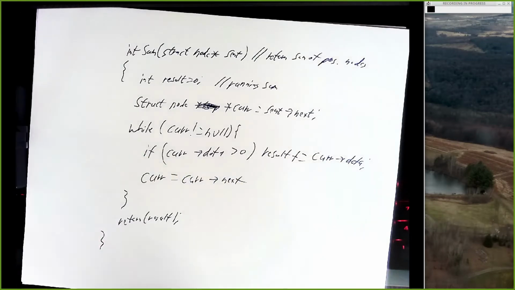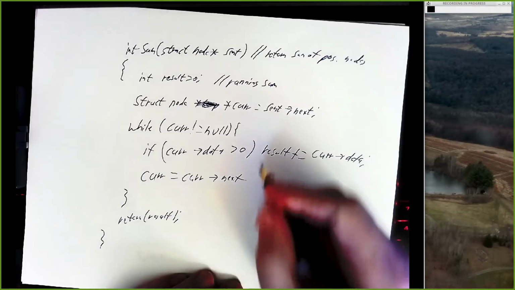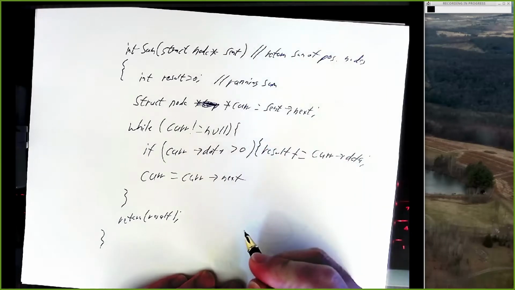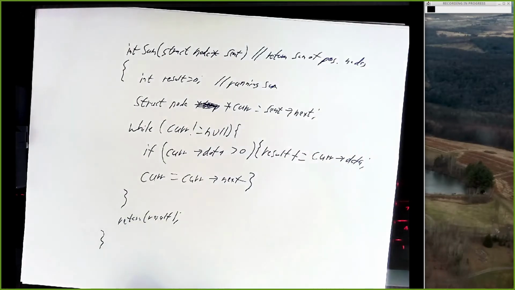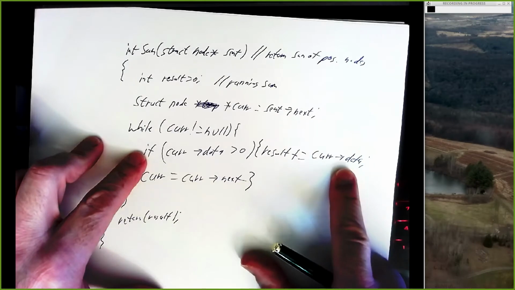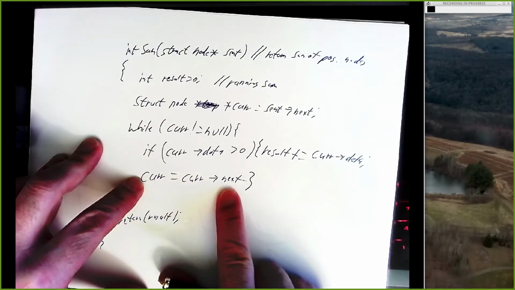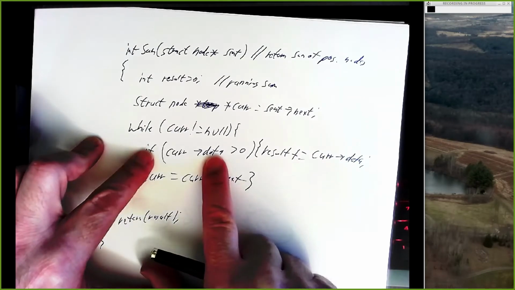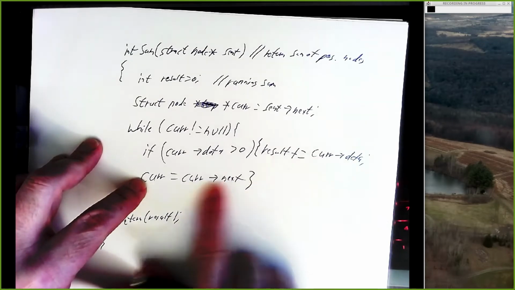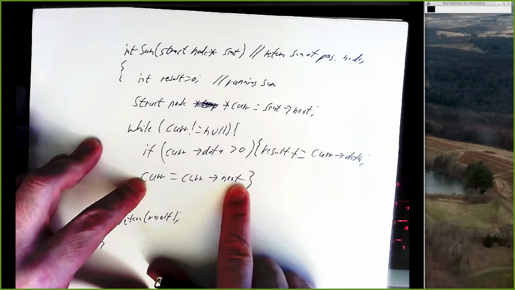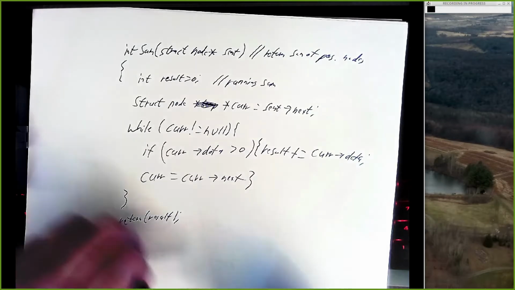There are logic errors. In some cases, people put a curly bracket here and a curly bracket here, which said if the data is positive, add it to the running sum and move to the next node. But if the data is not positive, it doesn't add to the sum, but it also doesn't move to the next node. And so there's an infinite loop.